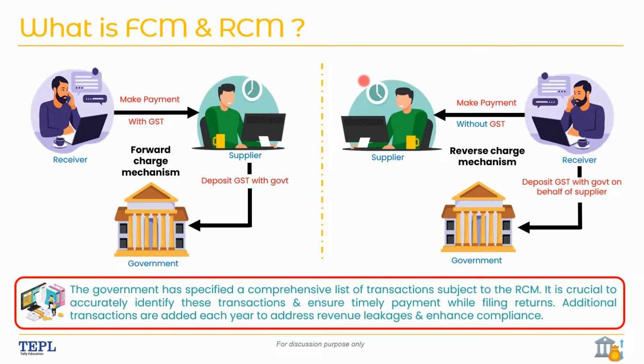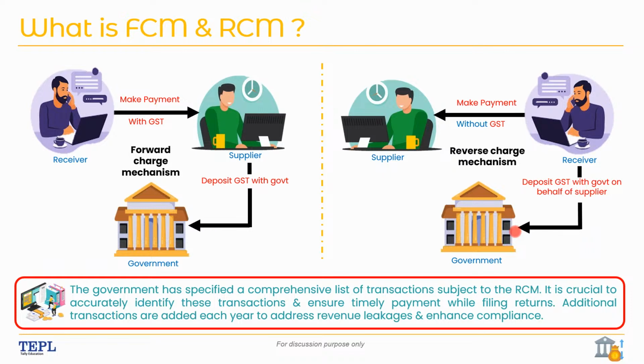While I will not collect GST from the law firm, I will collect GST from you as a customer, who will then have to pay it to the government. So in the first scenario, the supplier collects 18,000 from the customer and pays it to the government. In the second scenario, the supplier does not collect GST, but the customer pays GST directly to the government on behalf of the supplier.